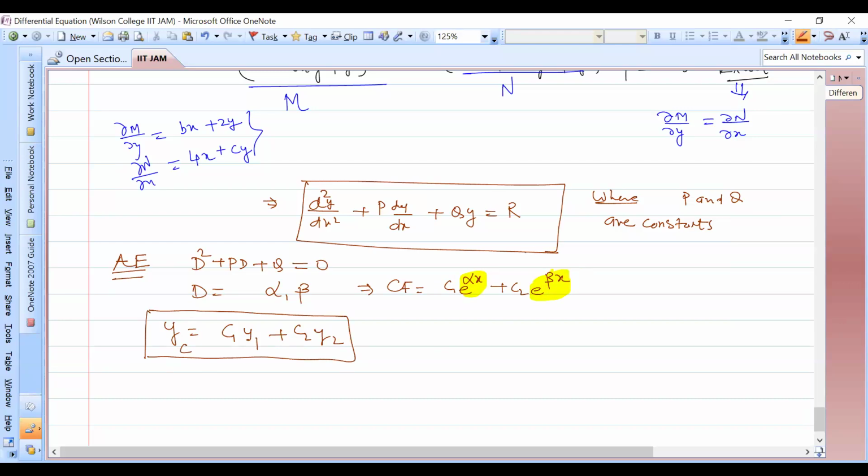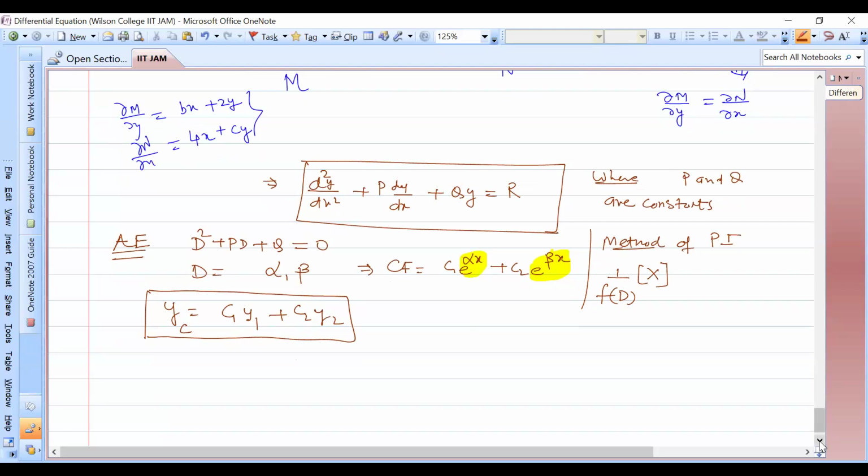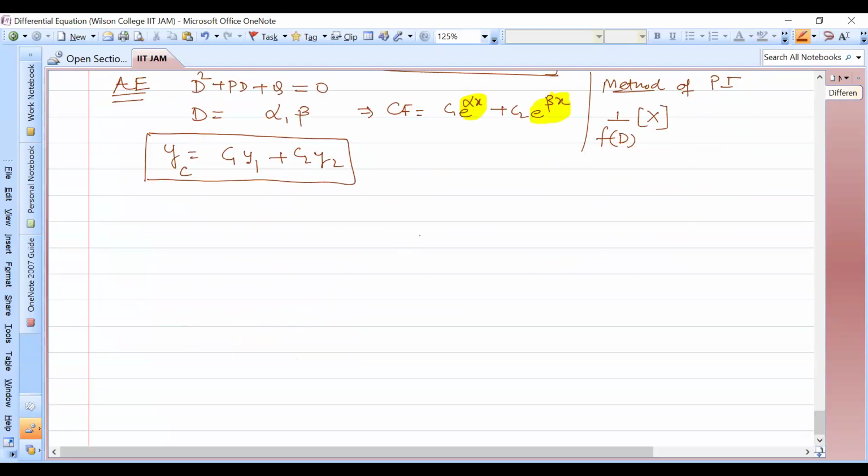Now you are familiar with the method of particular integral. Method of PI: 1 upon f of D into capital X. So what are the possibilities?